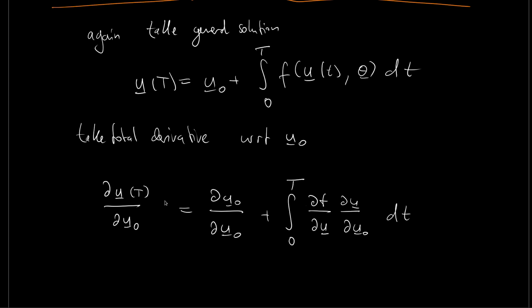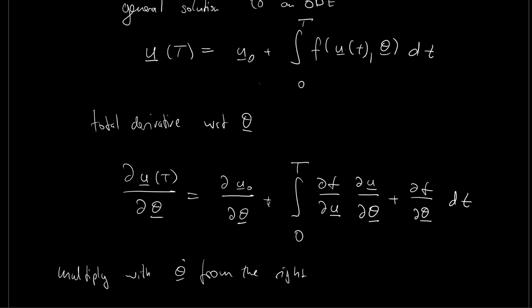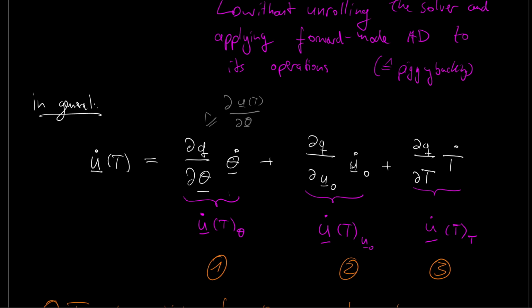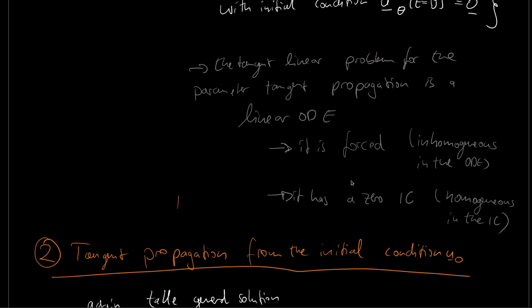And let me highlight this once again. So if we go all the way up here, we are interested in point 2, so the multiplication with the tangent on the input. So let's multiply this from the right.